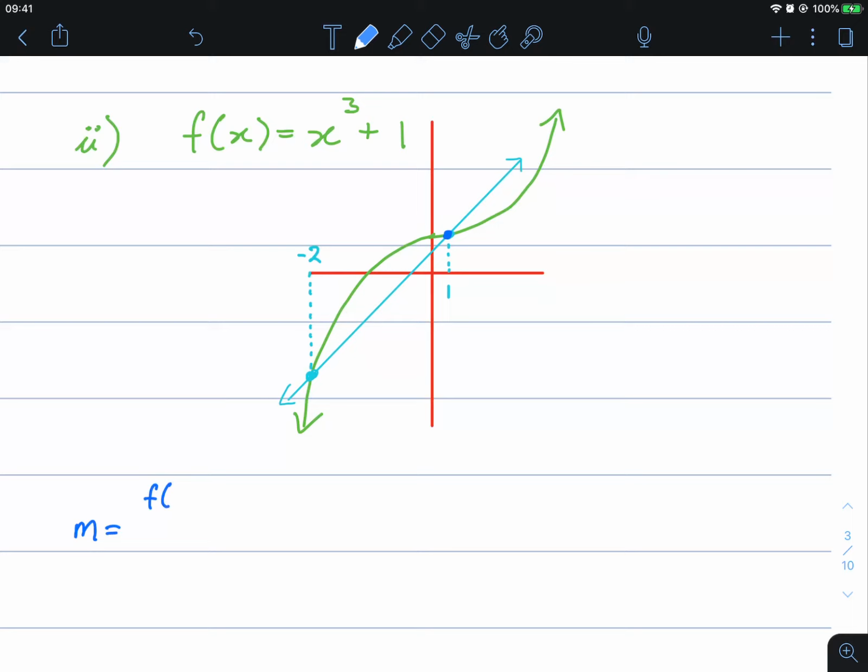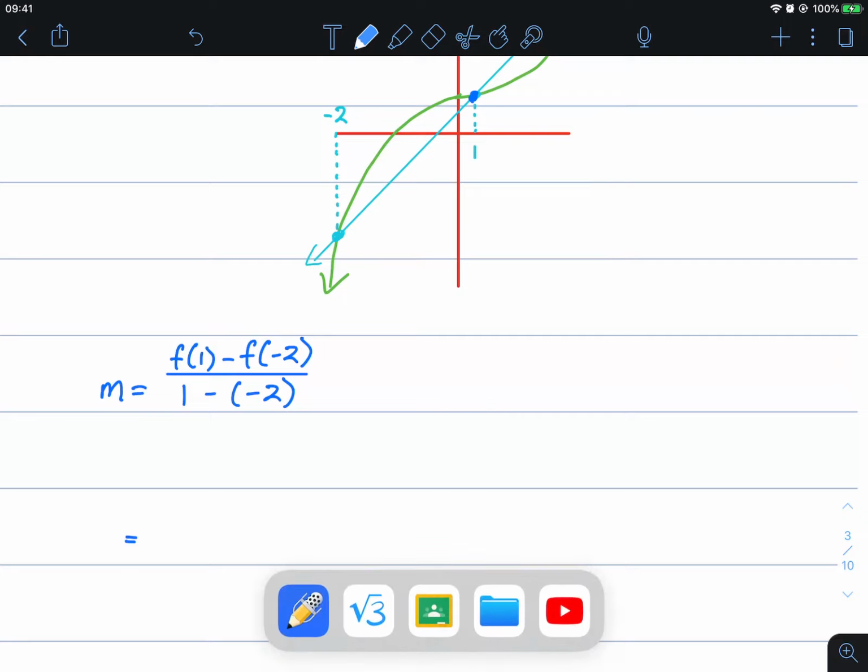So f of 1, because it's the height of this point when x equals 1, minus f of negative 2. And that f of negative 2 is just the y value at this point. For the x values, it's just 1, take away negative 2.